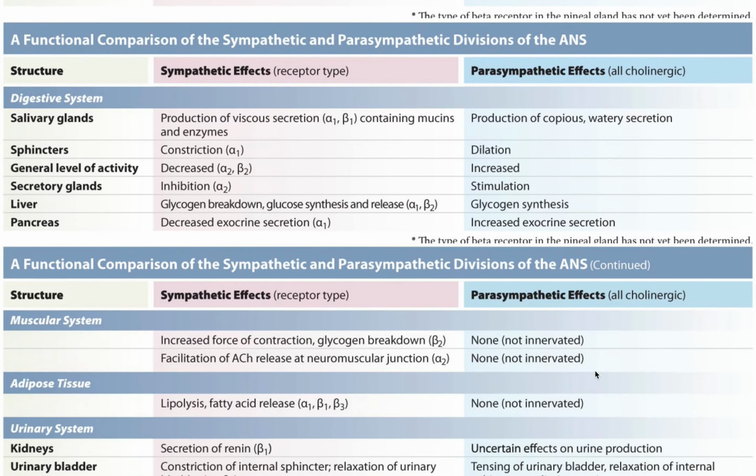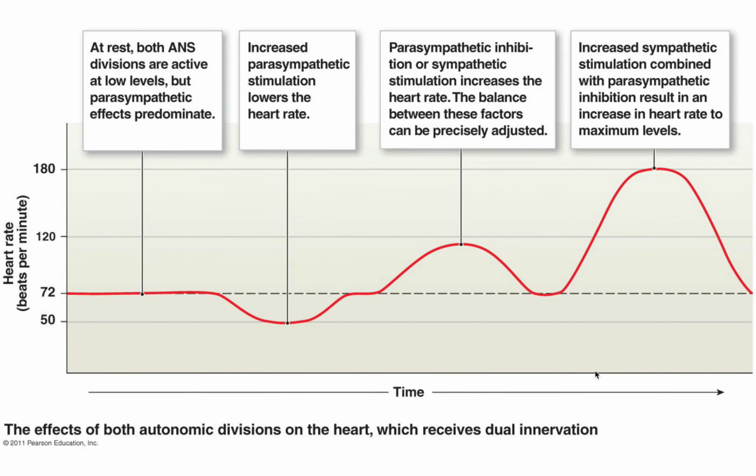And you don't need to memorize this whole chart, but it's there for you. So this is a good example of this. So at rest, both divisions are active at low levels, but parasympathetic is more dominant, so that keeps our heart rate relatively low. Increased parasympathetic stimulation would lower the heart rate even further.